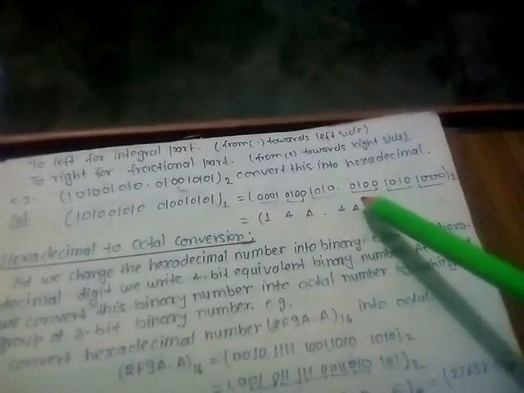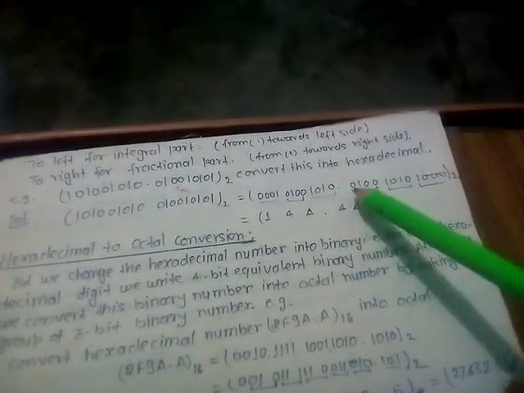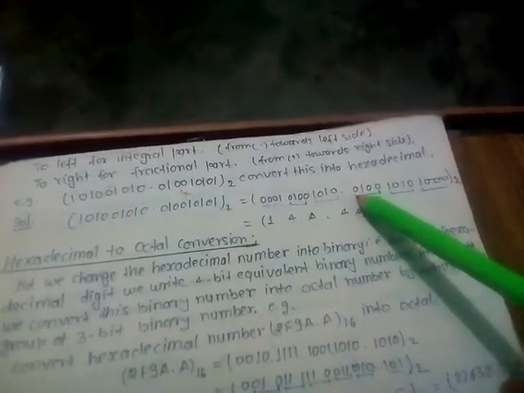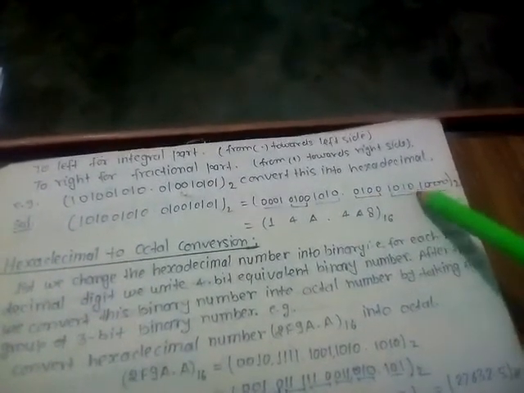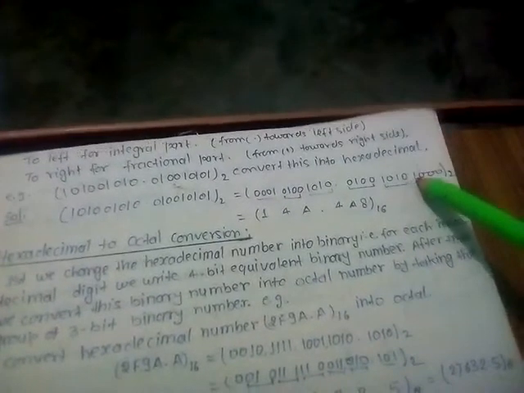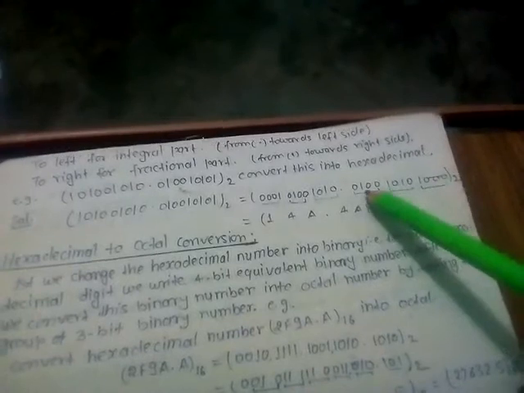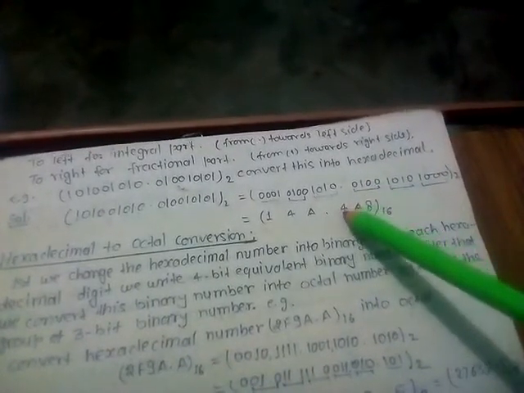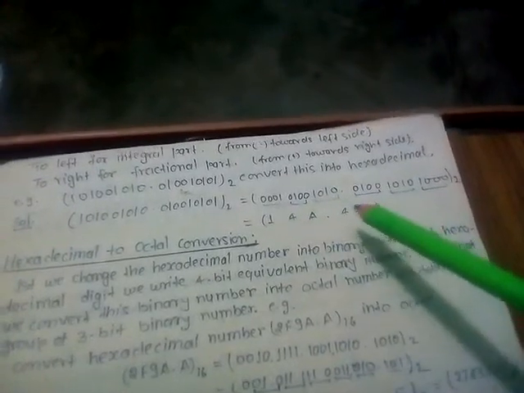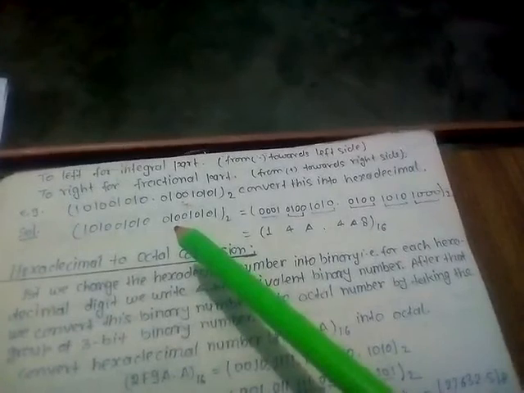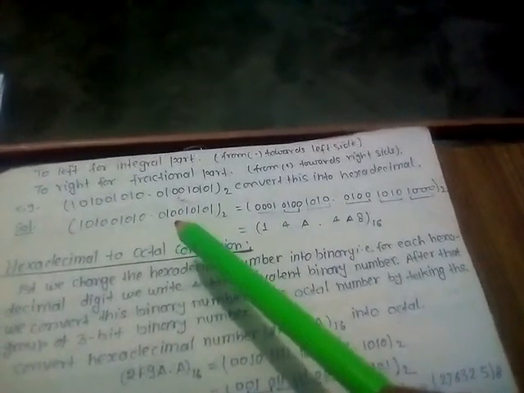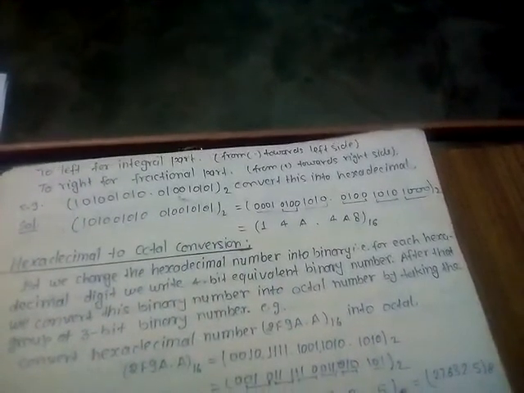Make groups of 4 bits for the fractional part as well, this 4, this 4, padding with zeros to make a group of 4 bits, and write the hexadecimal equivalent, 4A8, and this is the hexadecimal equivalent of the given binary number. So in this way we can convert a number from one number system into another number system. Thank you.